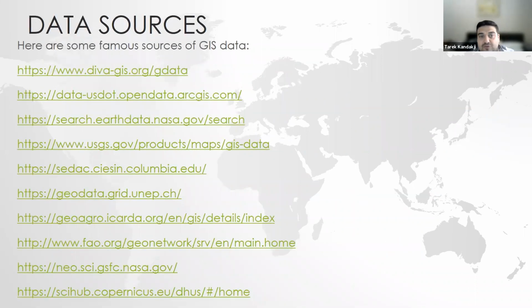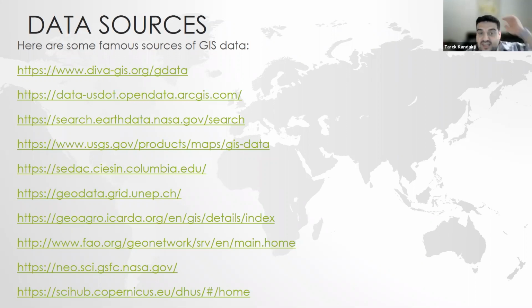Here's a list of some sources. You have Diva GIS, it's a very well-known website. You have the US Department of Transportation. They have some interesting data about the United States. Diva GIS, I think you can download for all the world. NASA has its Earth data search system. You can go there and download satellite images from different instruments.